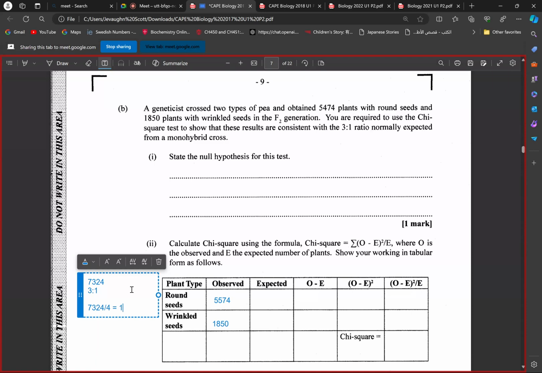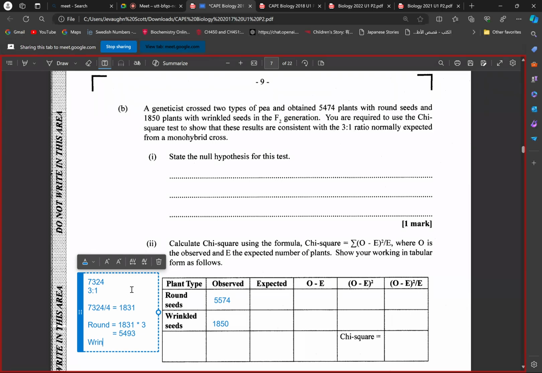So if we look at a 3 to 1 ratio now, for the round seeds we have 1,831 times 3, and that gives us 5,493 for round seeds.